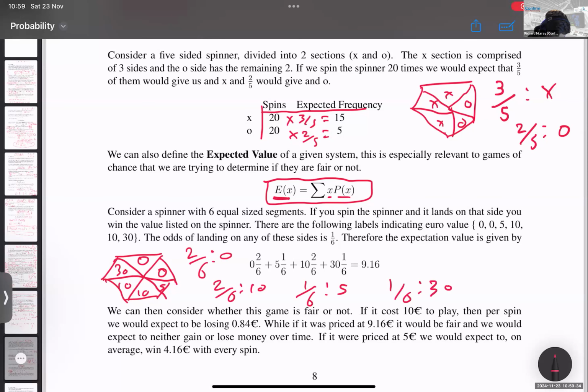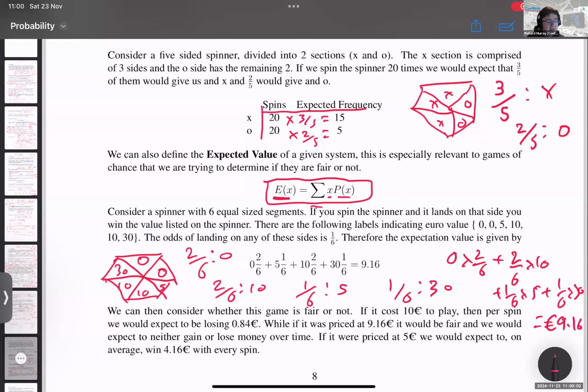To apply our formula, we do it for each of them: 0 times 2 over 6 plus, because we're using a sum, 2 over 6 times 10 plus 1 over 6 times 5 plus 1 over 6 times 30. And we find out at the end that that's equal to an expected value of €9.16.